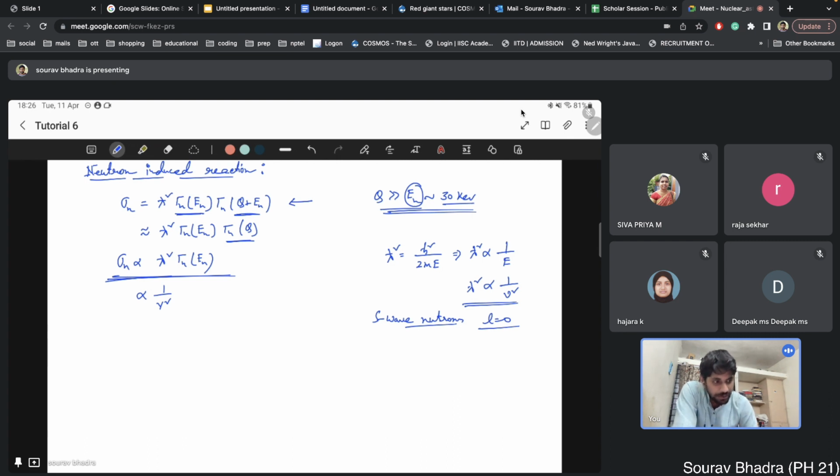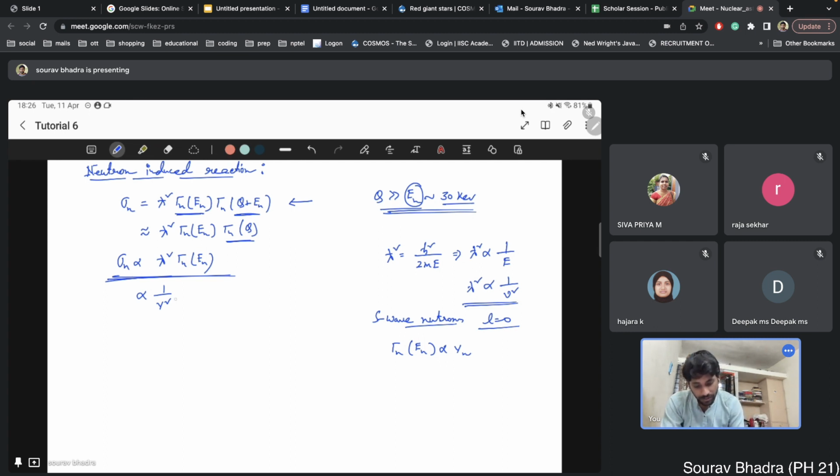Now if L equals 0, under this condition, always remember, what I am just going to tell you is only valid if L equals 0. So if L equals 0, your gamma n, capital gamma, can be written as proportional to Vn, which is the velocity of the neutron.